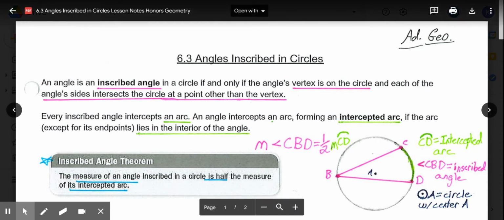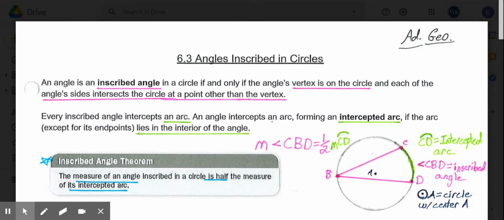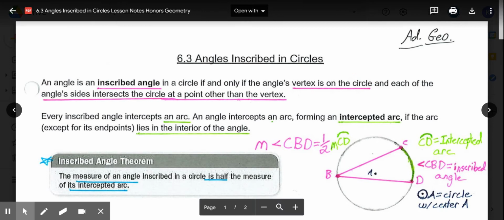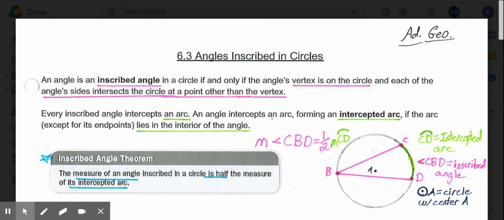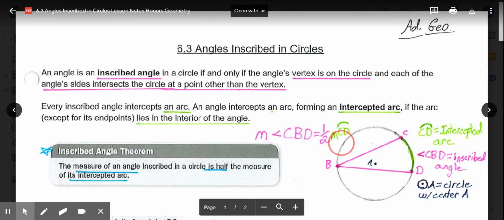Our first vocabulary piece: an angle is an inscribed angle in a circle if and only if the vertex is on the circle and each of the angle's sides intersects the circle at a point other than the vertex. For example, down here, angle CBD is an inscribed angle.